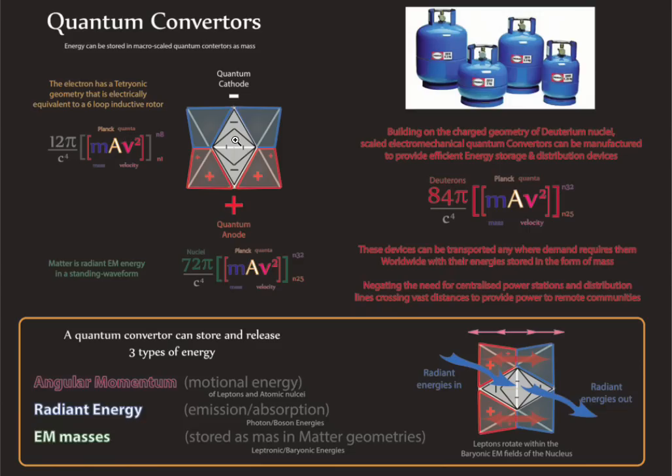It's considerably lighter, both in mass, with similar or the same charged fascia geometries, but it's smaller, 12 versus 72. And as such, as the energy content of the deuterium nuclei increases, the electron will have an associated change in its angular momentum.